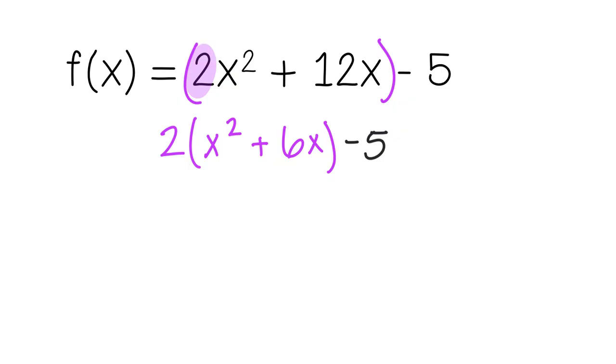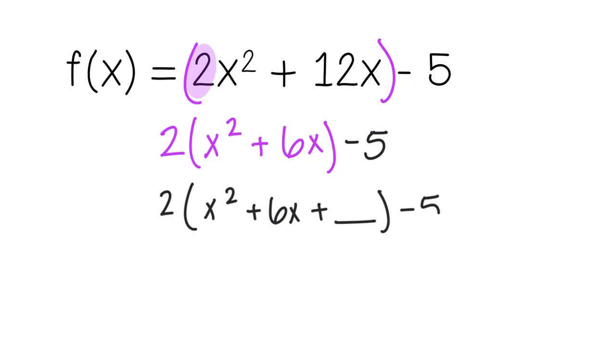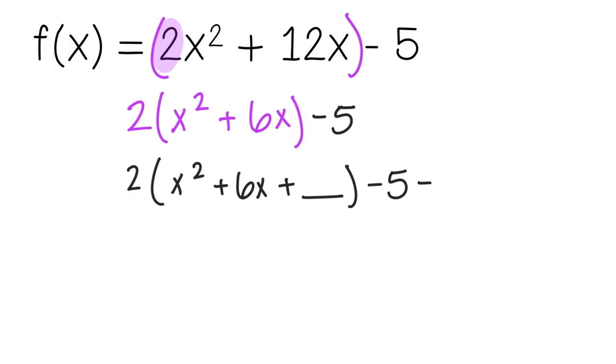Now I'm still going to add my blanks. So my next step is I'm going to have 2, still keeping that 2 outside the parentheses. x squared plus 6x plus blank minus 5 minus, okay, this is the tricky part, don't get this confused.